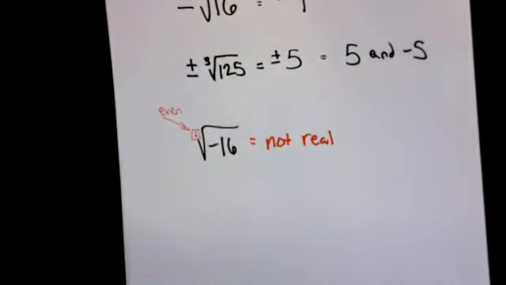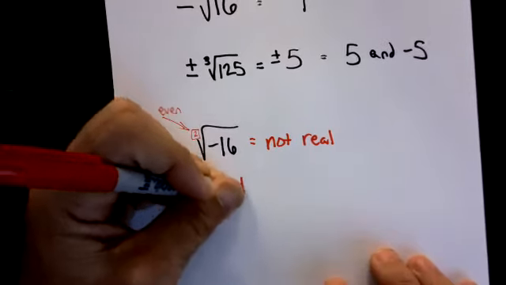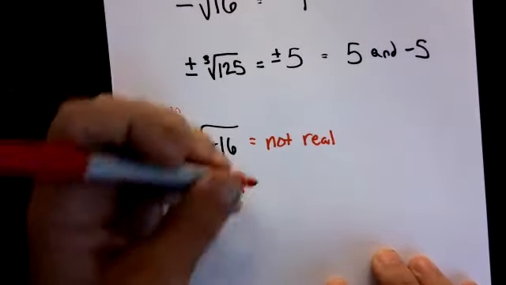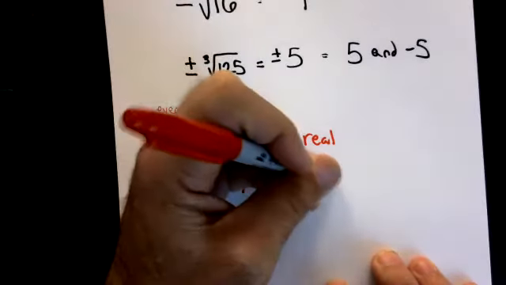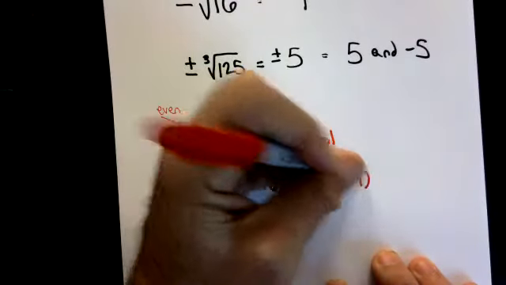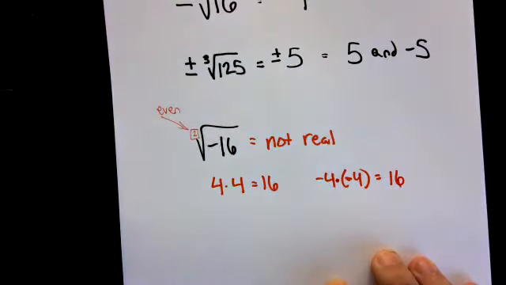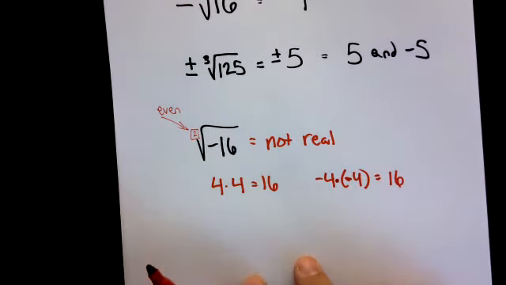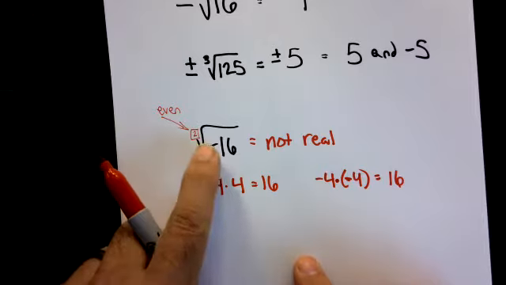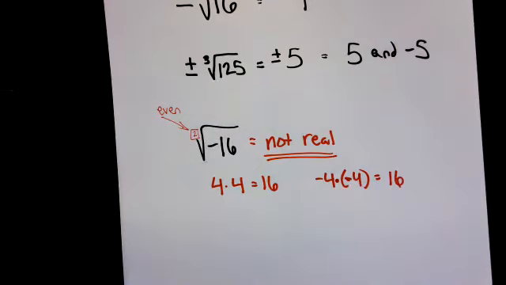We don't have a real number we can multiply by itself to get a negative 16, because if you multiply two positive numbers, you get a positive answer. Likewise, if you multiply two negative numbers together, you also get a positive answer. So we don't have a number in our number system where you can multiply it by itself and get a negative answer. So this is a not real solution.